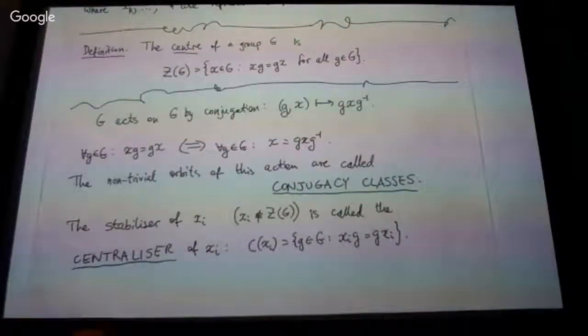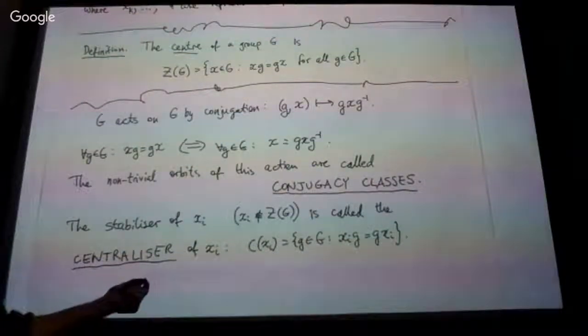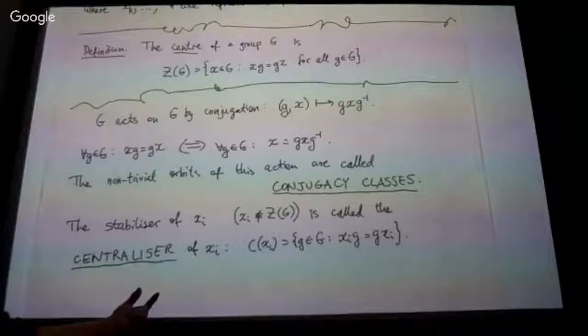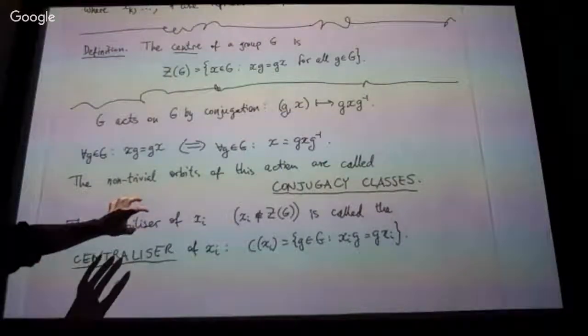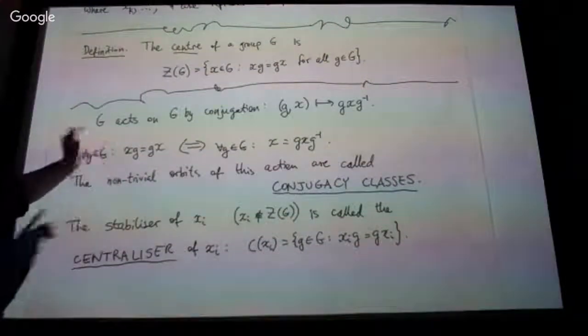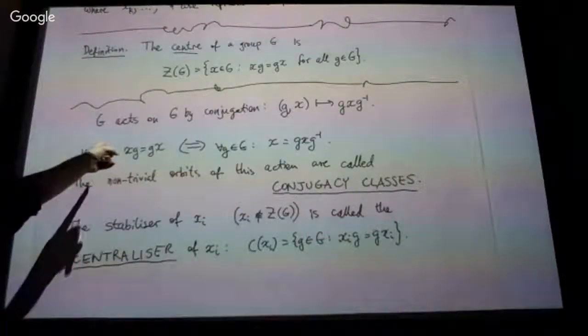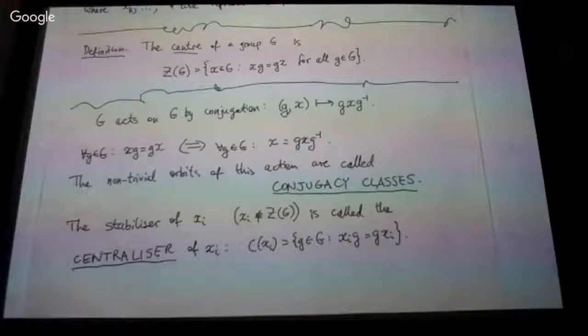So the centralizer of an element is all the group elements that commute with it. Right. If the centralizer is the whole group, then that x is in the center. Okay, let's not spend too much time.